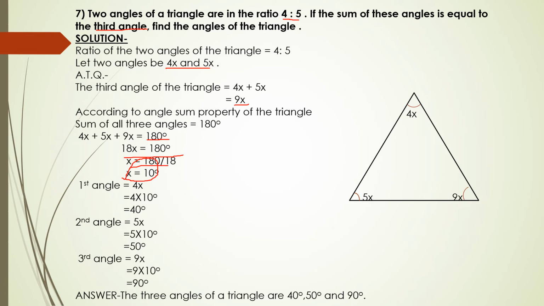Fine. Calculate first angle 4x, that is 4 into 10, that is 40 degree. Second angle 5x, that is 5 into 10, that is 50 degree. And the third angle is 9x, that is 9 into 10, 90 degree. So the three required angles of a triangle are 40 degree, 50 degree and 90 degree.